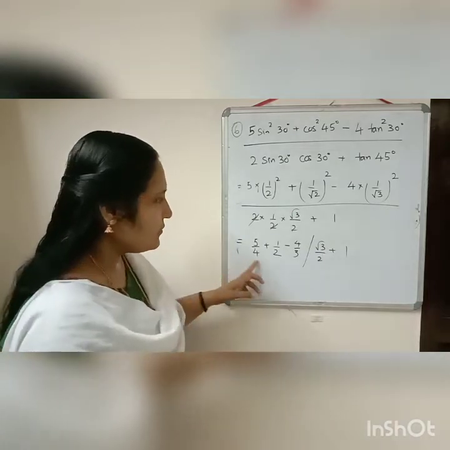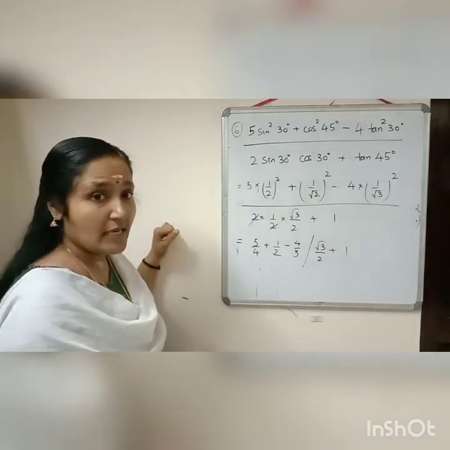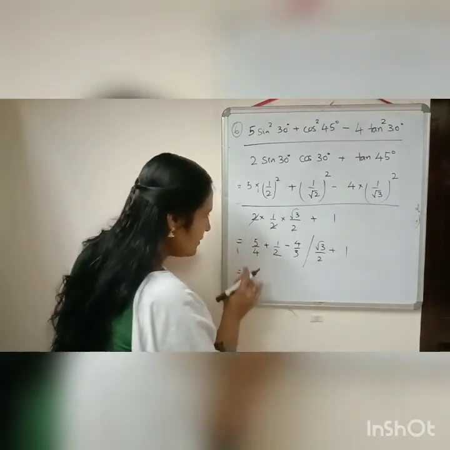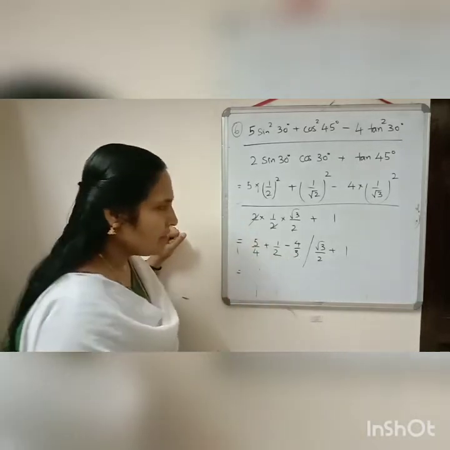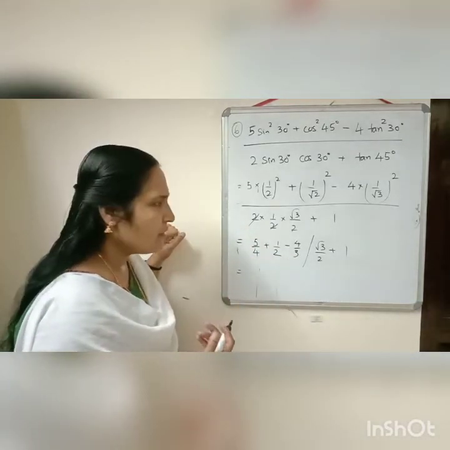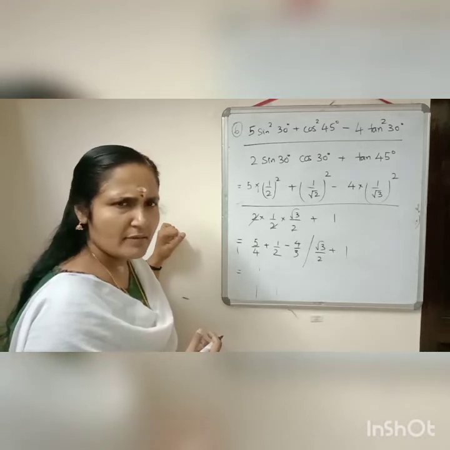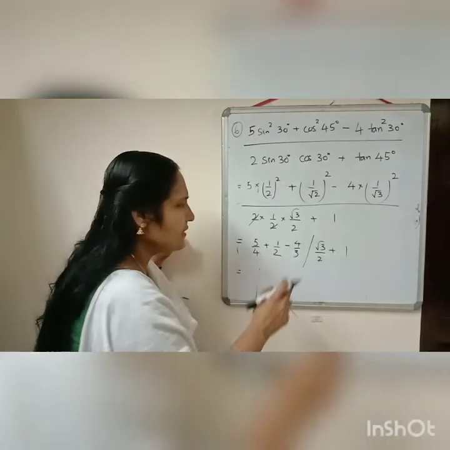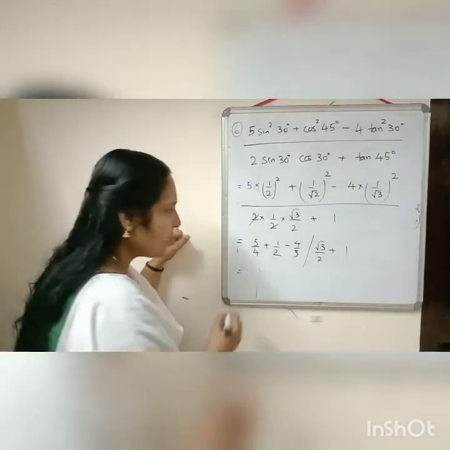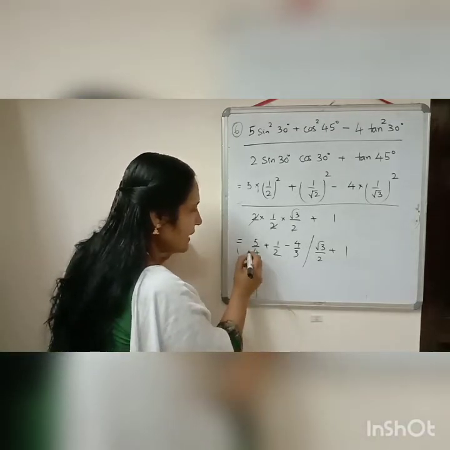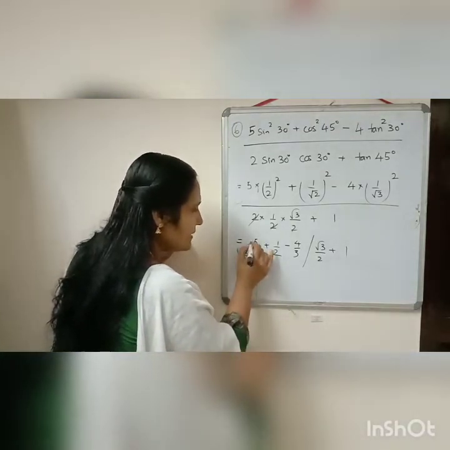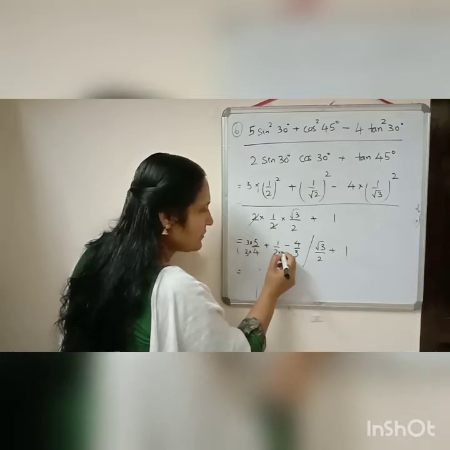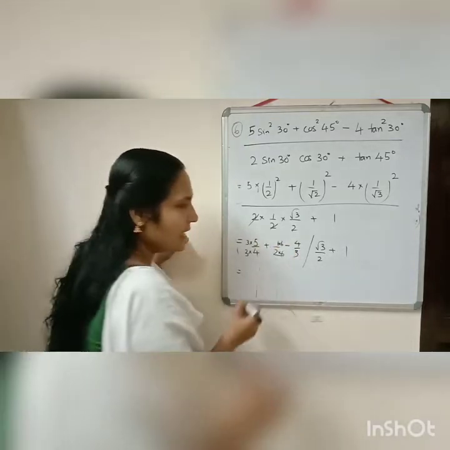Now here what we can do, we can make the denominators equal. That will be easy there. So 4, 2 and 3. What will be the common multiple of 4, 2 and 3? 12. Okay, so we'll make the denominator equal to 12. So first one, to make it equal to 12, we need to multiply it by 3. Here to make it equal to 12, we need to multiply it by 6.